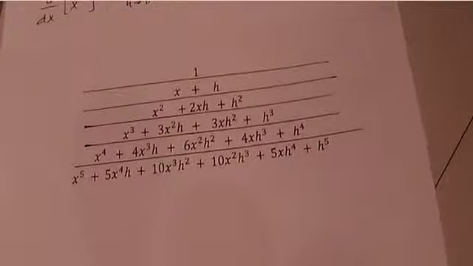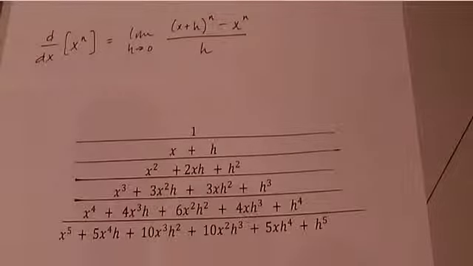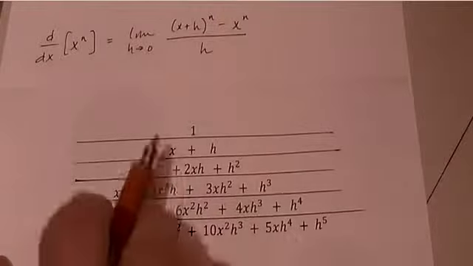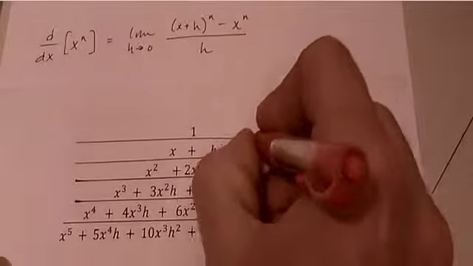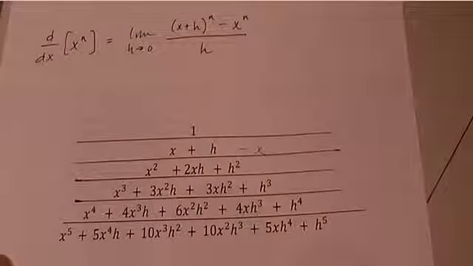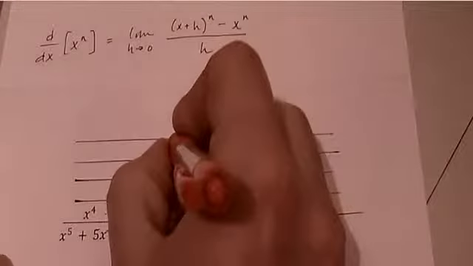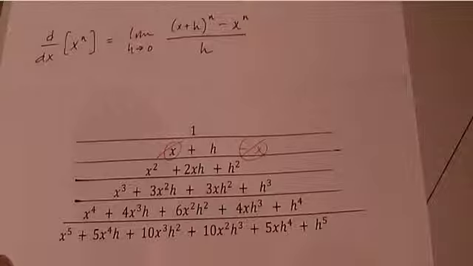Okay, so we know that those are possibilities of what can occur in the numerator. Okay, now we recognize that if this is (x plus h) to the first, then this is x to the first, so we have minus x right here, right? And of course, that means that this and this are going to cancel, and all that's left is h.